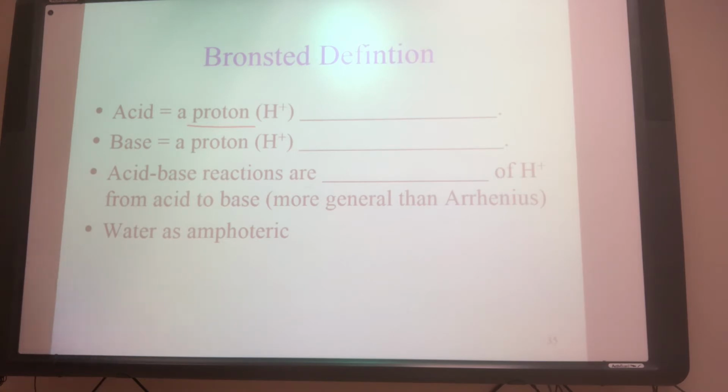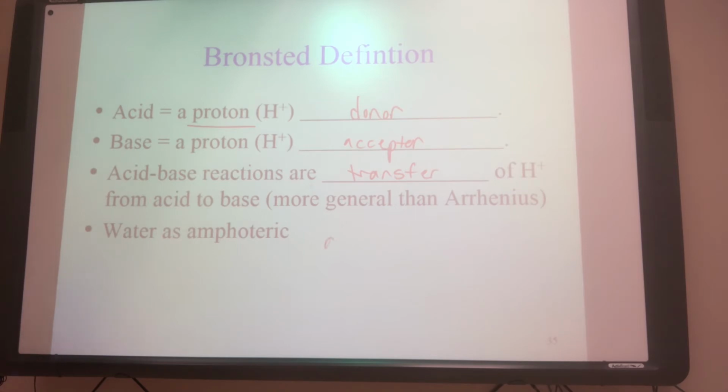So an acid is going to be an H plus donor. It's going to donate, get rid of, lose an H plus. A base is going to be an H plus acceptor. It's going to gain an H plus. So we're going to look a little bit at acid-base reactions. These acid-base reactions are a transfer of H plus.